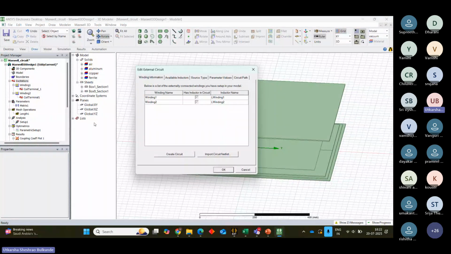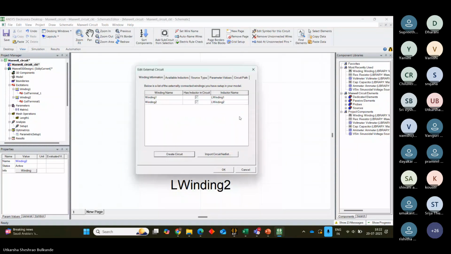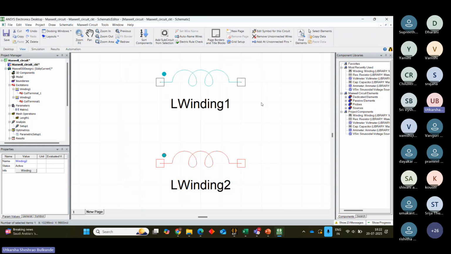Edit external circuit. Then winding 1 and 2 will be selected here. Then create circuit. When you click on create circuit, this will open on its own. So this is your primary coil winding 1, and winding 2 is your secondary coil.